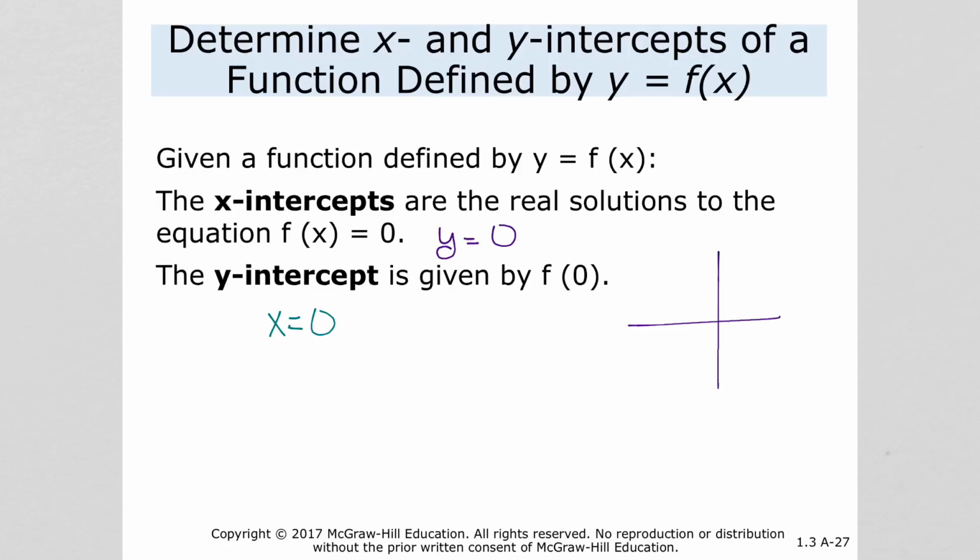So if you've got a line drawn, the x-intercept is where it's crossing the x-axis, so that would be some a, 0, and where we're crossing the y-axis, x will be 0 with some y value.